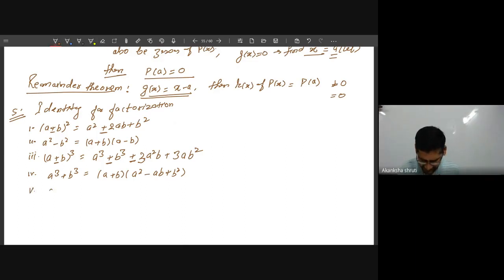The next one is a cube minus b cube. In this case, the smaller bracket is (a minus b) and the bigger bracket has all positive terms: a square plus ab plus b square. Okay, student.